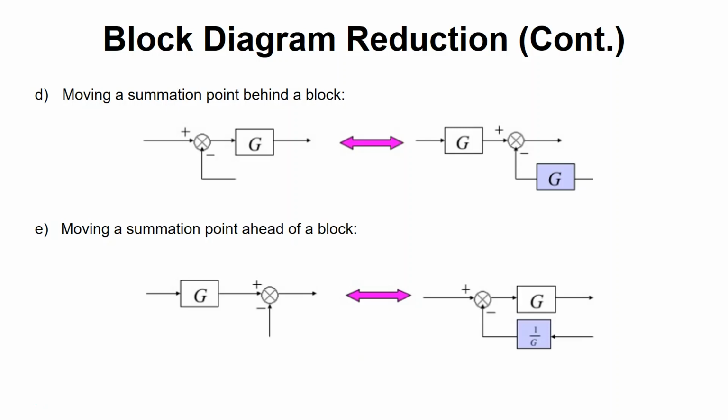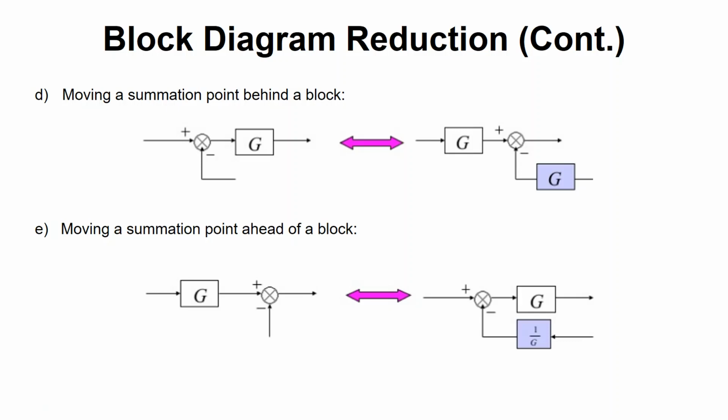It says fine, you can move it to after G, but then whatever was coming here as a feedback, you have to multiply it by G. So you have to add this G block to the feedback loop to have the same behavior of the previous system.